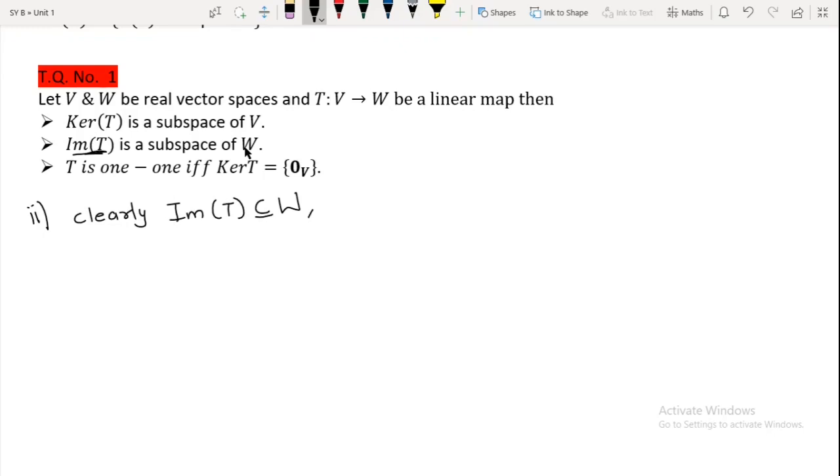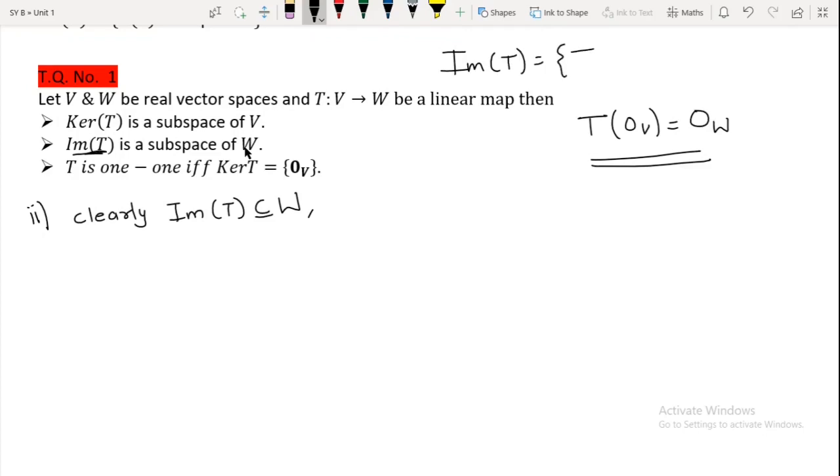Now we will show that it is non-empty. Just remember, while discussing the definition of linear transformation, we have seen one proposition, that 0 is always mapped to 0.